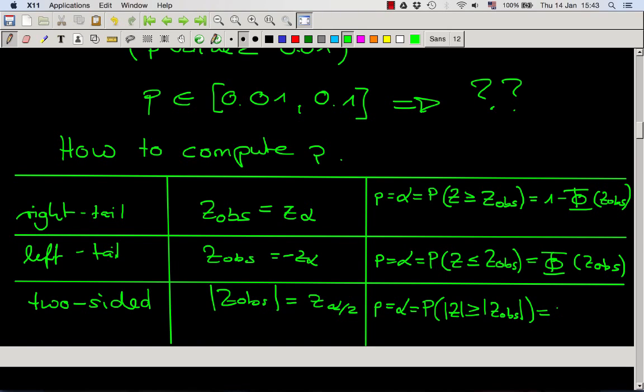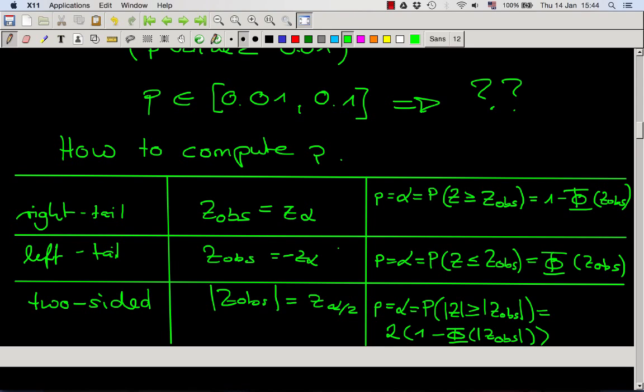You can easily see that it's actually 2 times 1 minus phi of the absolute value of z_ops, because 1 minus phi of z_ops is alpha half, and then times 2 gives you alpha. Okay, this is how to compute p for the standard normally distributed case for the Z test.